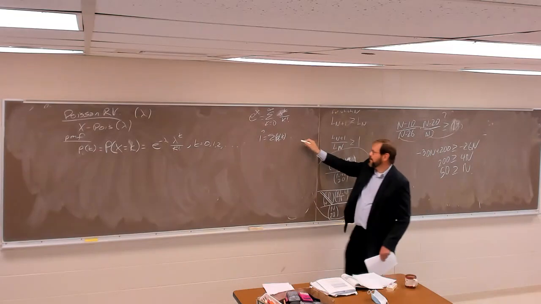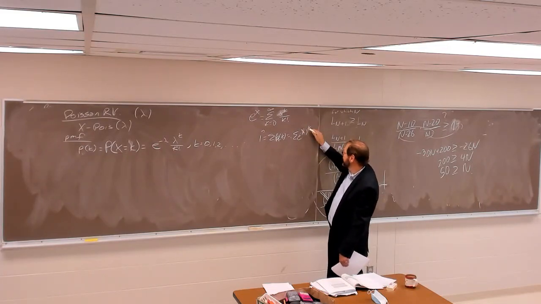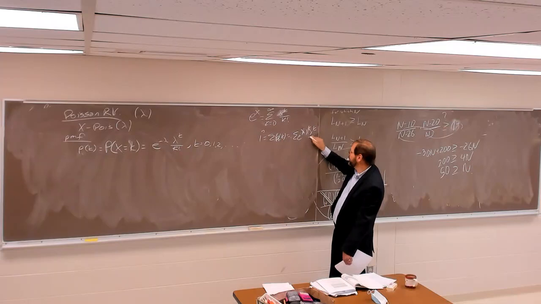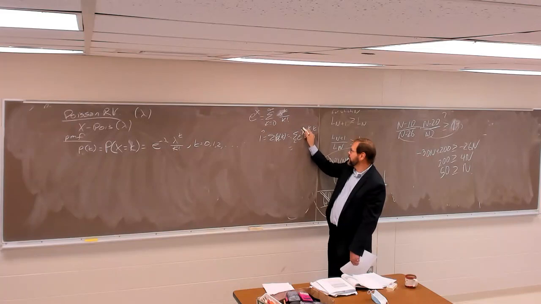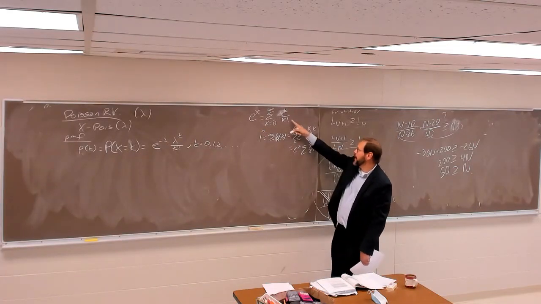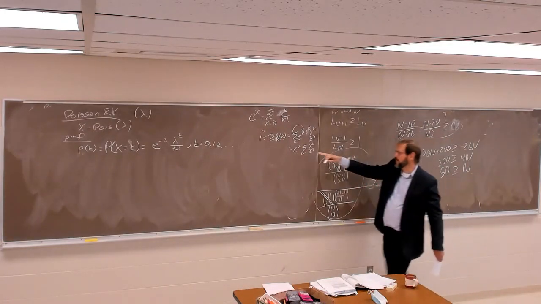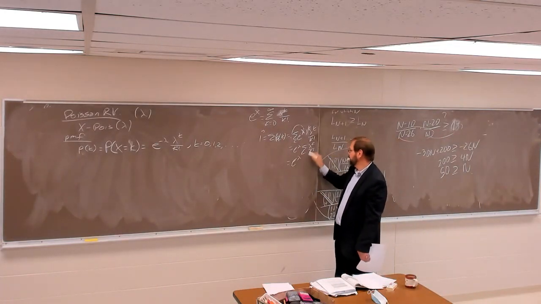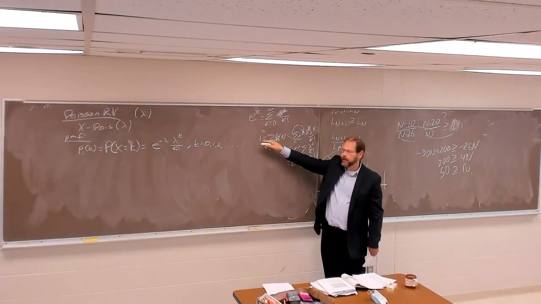If I sum up e to the negative lambda, lambda to the k over k factorial, I'm summing this over the k's, I can pull out the e to the negative lambda, and then I'm just summing up these things that look like lambda to the k over k factorial, and I know from my Taylor series back in Calc 2, that this thing here should just sum to e to the lambda. And e to the negative lambda times e to the lambda is equal to 1.